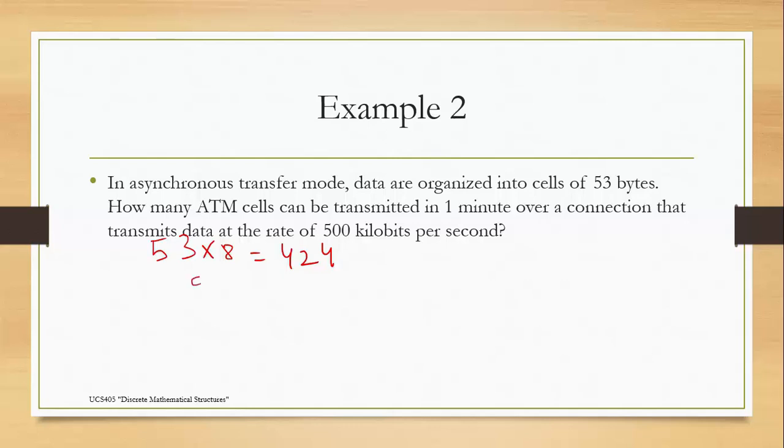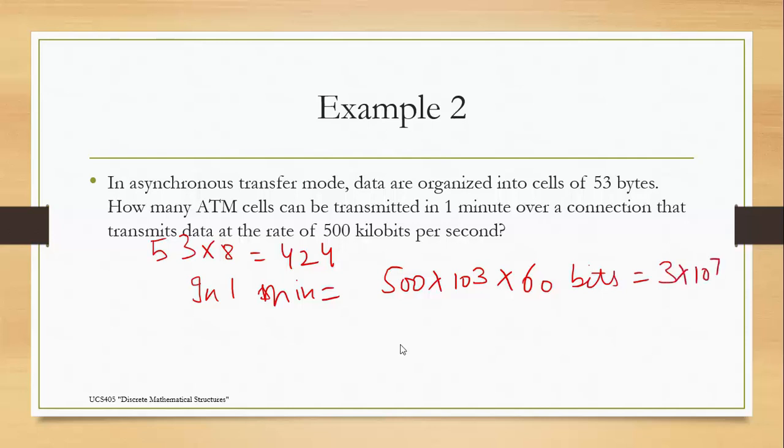So in 1 minute, data transferred will be equal to 500 into 10 raised to power 3 into 60 bits. That will come out to be 3 into 10 raised to power 7 bits. So the number of ATM cells will be equal to 3 into 10 raised to power 7 divided by 424.